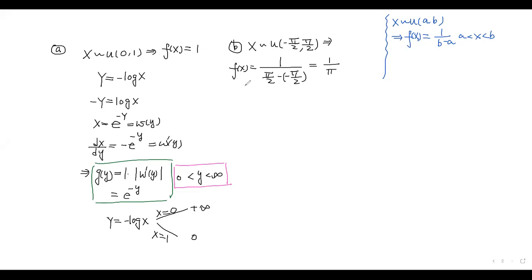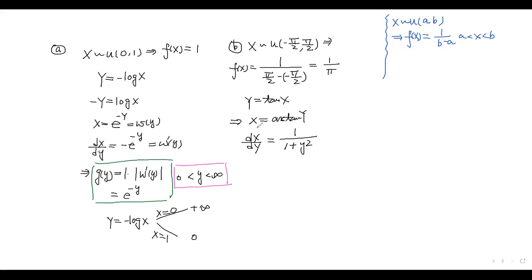Then we will do the same thing here. So Y equals tangent X. So now I change the X, so X will be arctangent Y, right? Then take the derivative. So dx/dy, I know the derivative of arctangent is 1 over 1 plus x squared, so here it is 1 over 1 plus y squared.